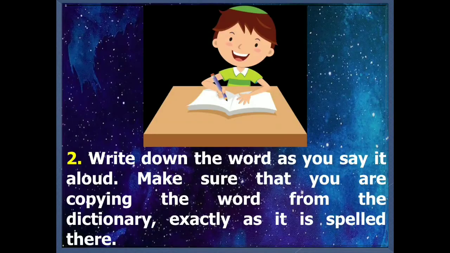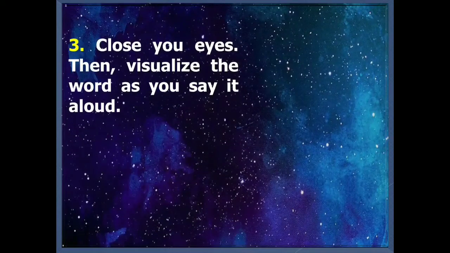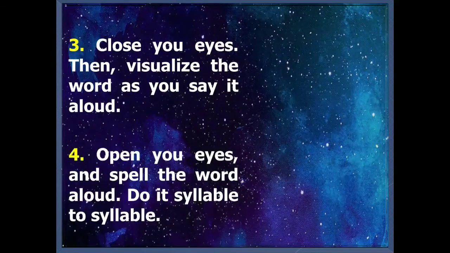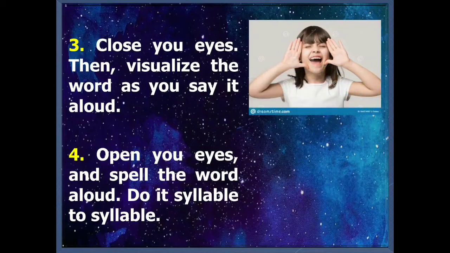So that's it, children, for our second step on how to remember the words when you are spelling. Now let's check out the third step. Close your eyes. Then visualize the word as you say it aloud.